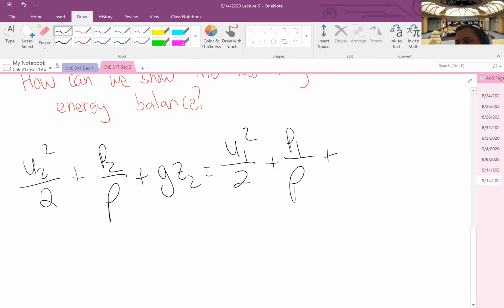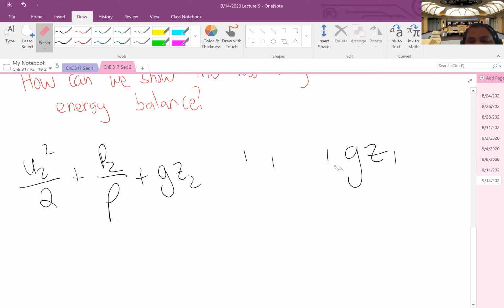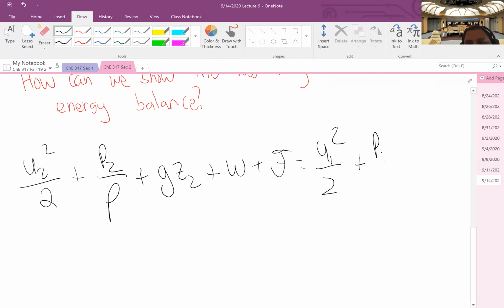plus g times Z1, which I also have to consider, actually, so I'm going to shift this over, work in friction, work, friction. Sorry, I have to change.